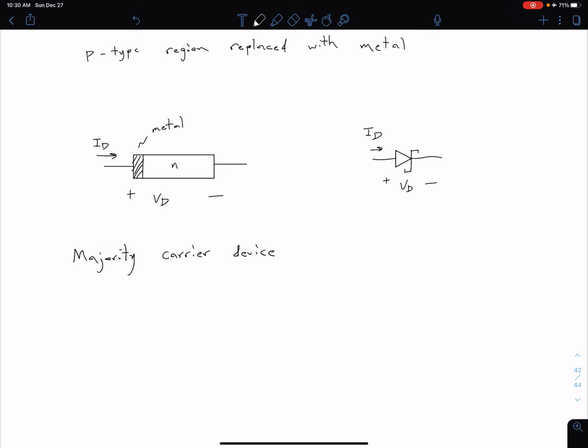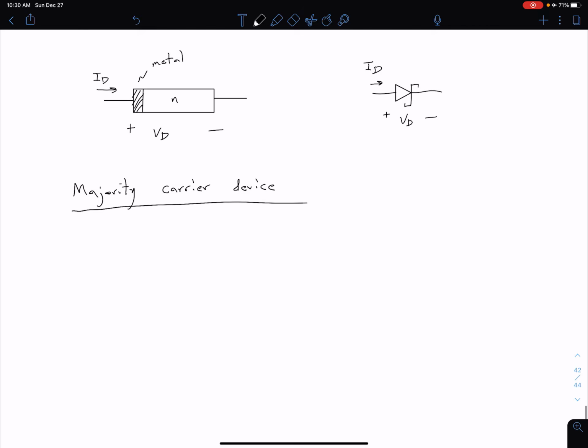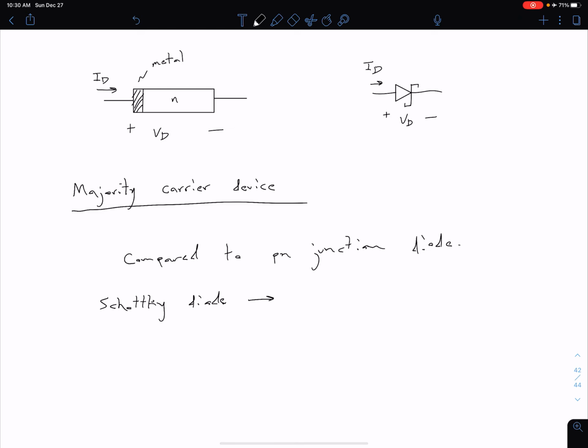What this means is, if we're comparing to a p-n junction diode, our Schottky diode is going to have shorter switching times, so it can switch faster.